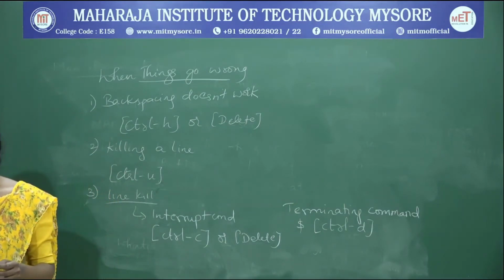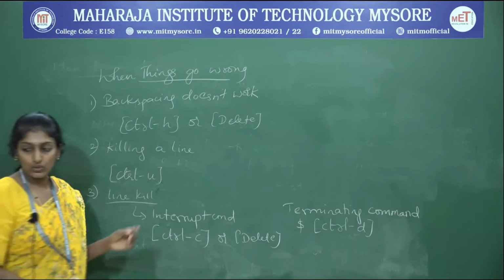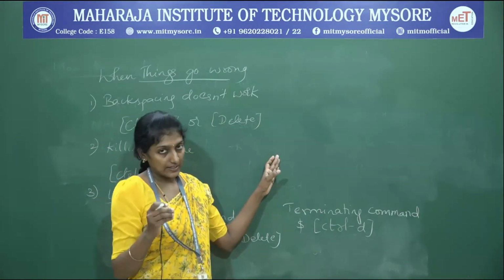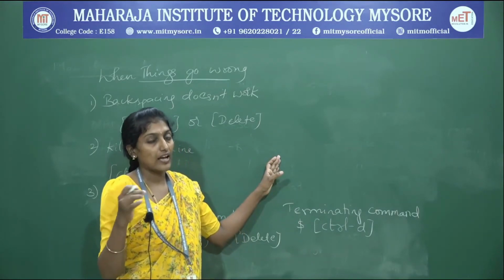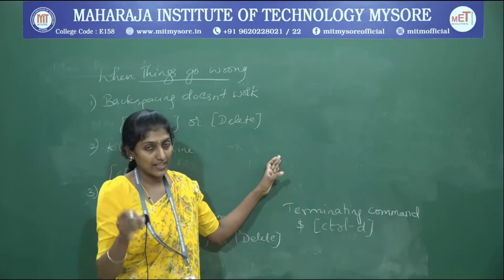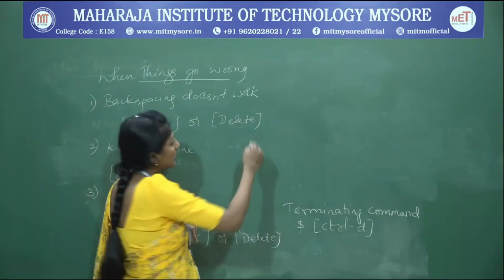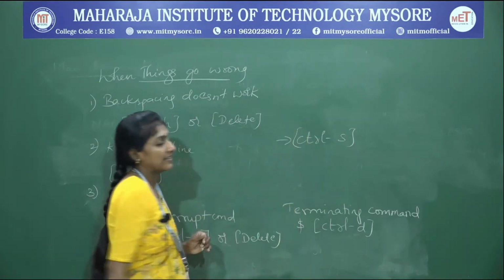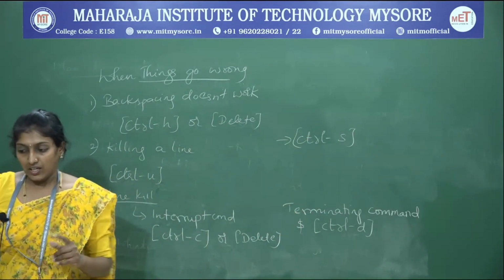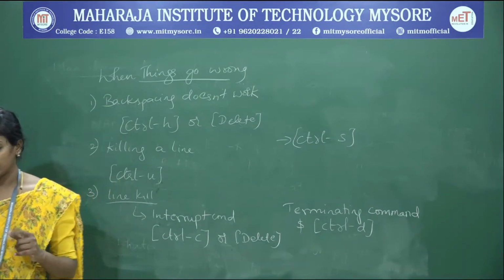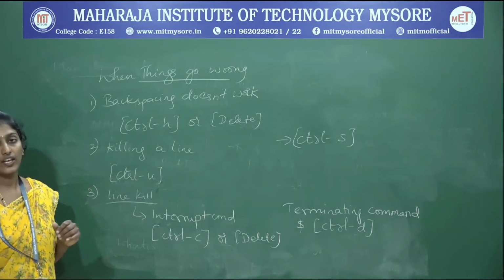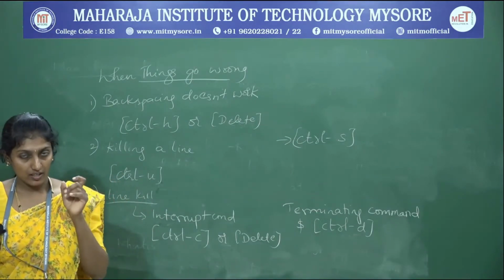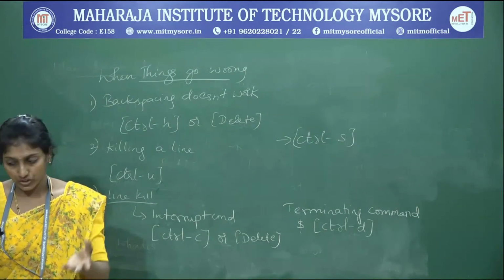Likewise, we have one more control key for when the user wouldn't be able to key in anything. While editing any content, if the user has no option of editing anything on that editor screen, at that time he can use one of the shortcut keys, that is Control S. Due to this Control S, it has locked the keyboard from editing the content onto the screen.